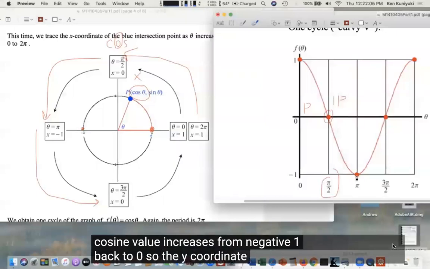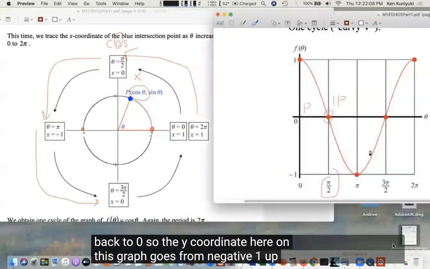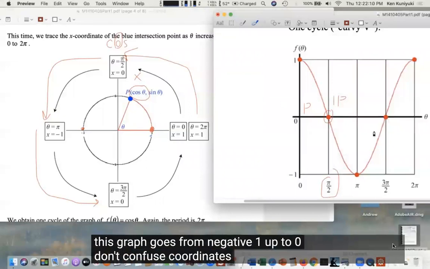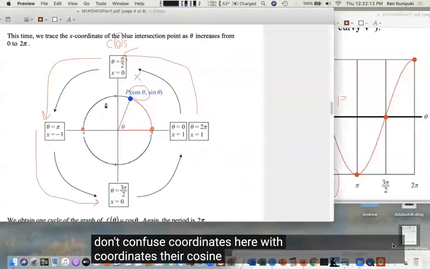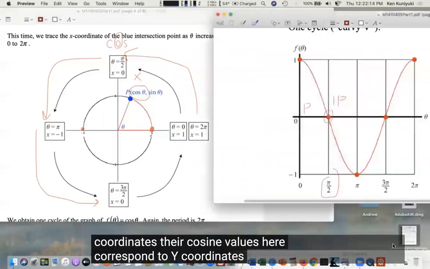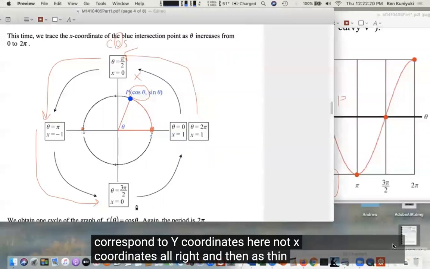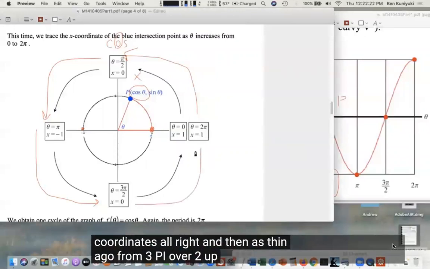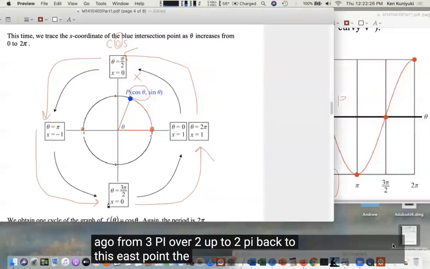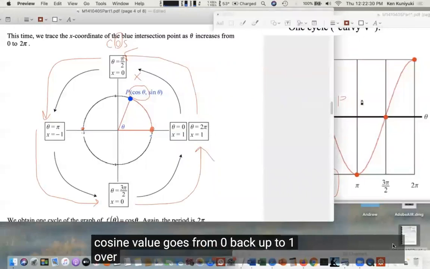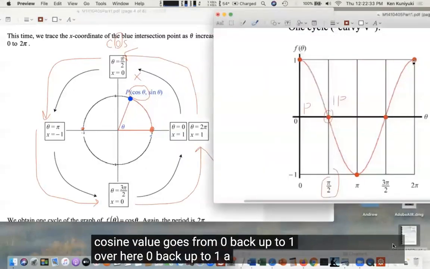So the y-coordinate here on this graph goes from negative 1 up to 0. Don't confuse coordinates here with coordinates there. Cosine values here correspond to y-coordinates here, not x-coordinates. And then, as theta goes from 3 pi over 2 up to 2 pi, back to this east point, the cosine value goes from 0 back up to 1. Over here, 0 back up to 1, a max point.